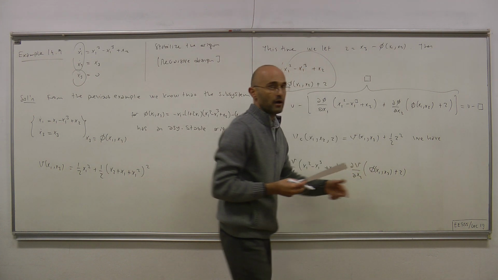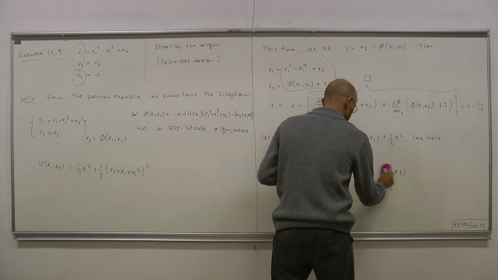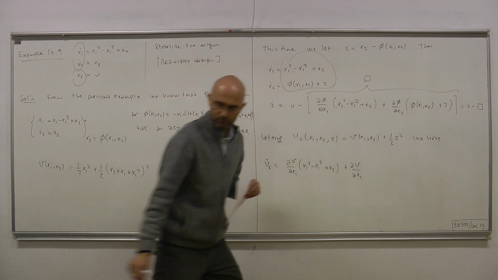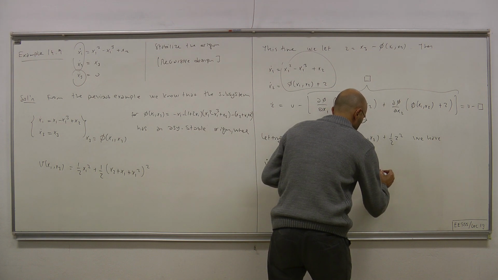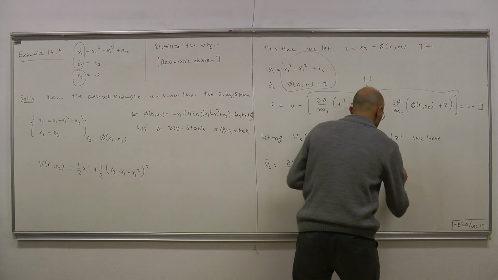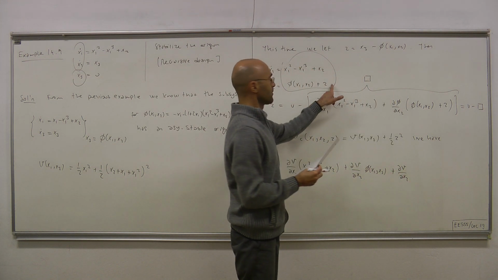But let's write that term as two separate terms: 5 x1 x2 plus partial v with respect to x2 times z.